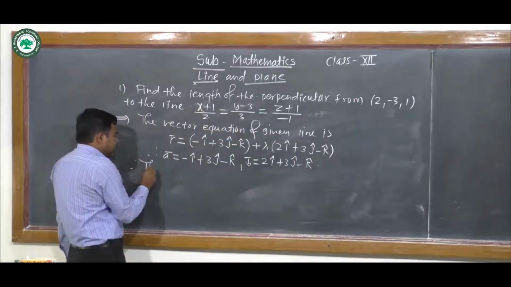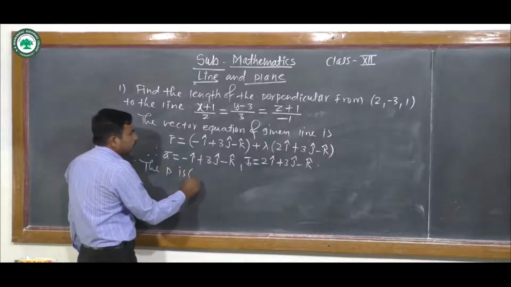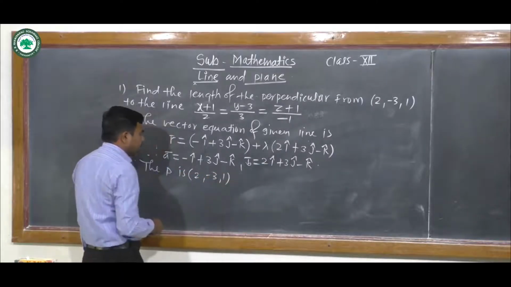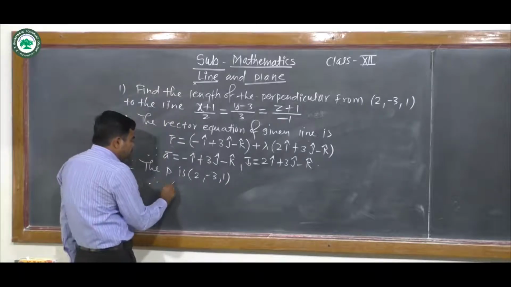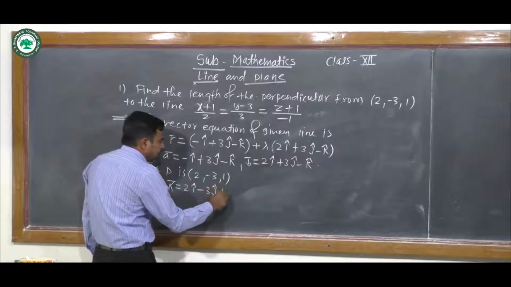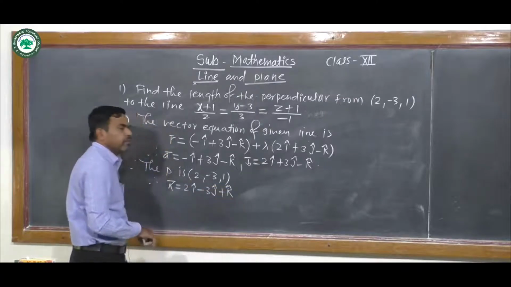The point P is 2, minus 3, 1. So alpha bar is equal to 2i cap minus 3j cap plus k cap.